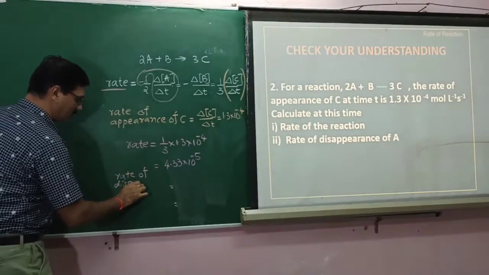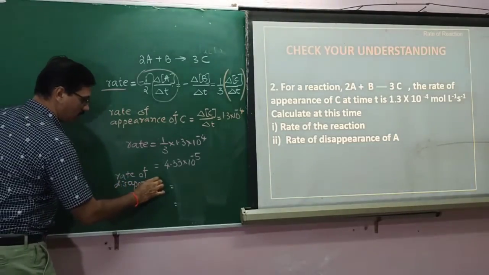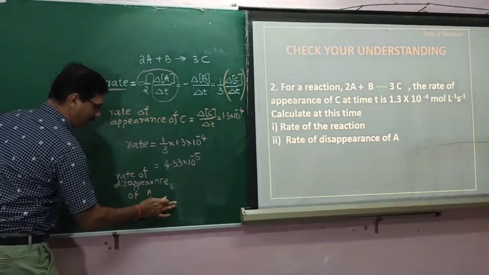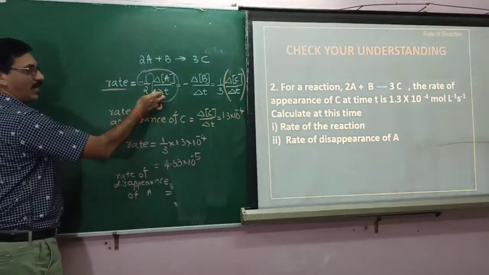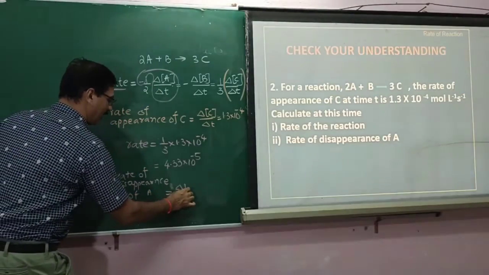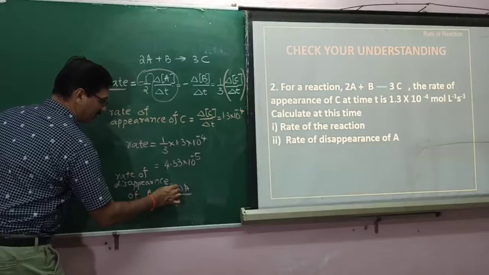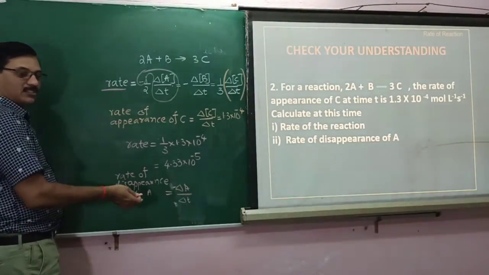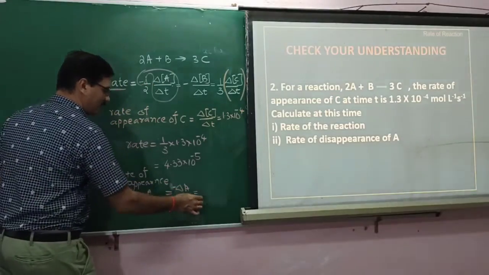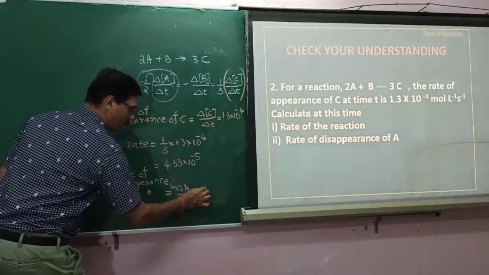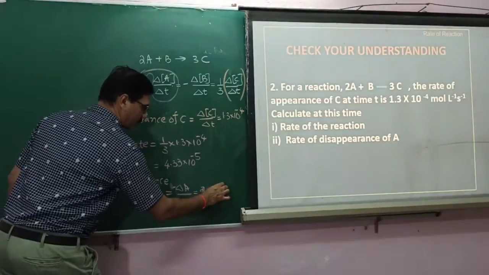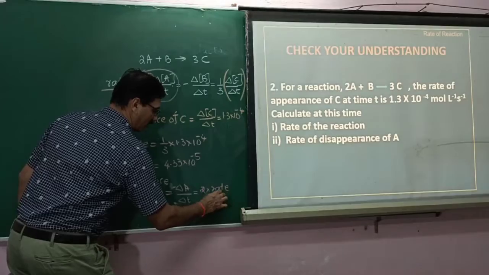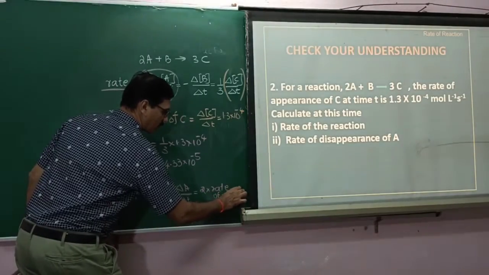Therefore, the rate of disappearance of A is given by minus delta A by delta T. Rate of disappearance, with the negative sign we have to take. That is equal to 2 into the rate of reaction.